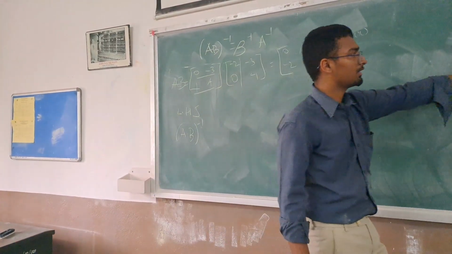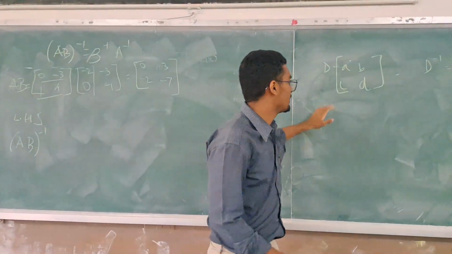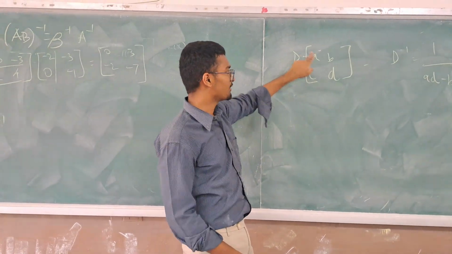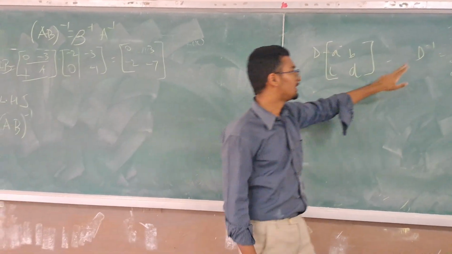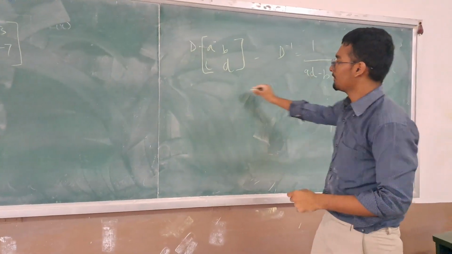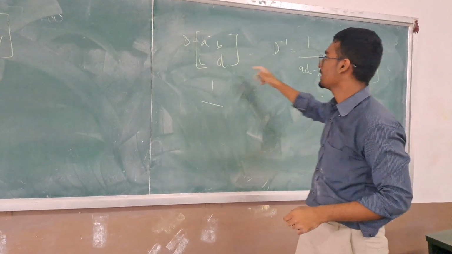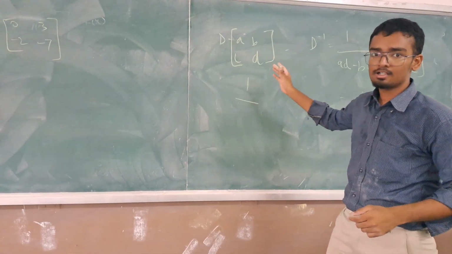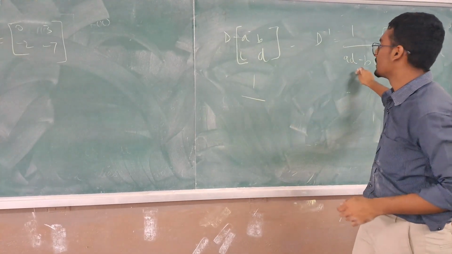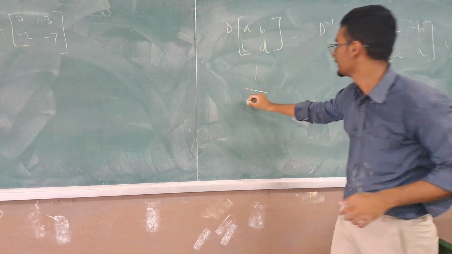Here I will mention the formula for how to calculate the inverse. For a matrix, the inverse is calculated by first taking 1 in the numerator over the diagonal terms A into D, minus the terms C into B.